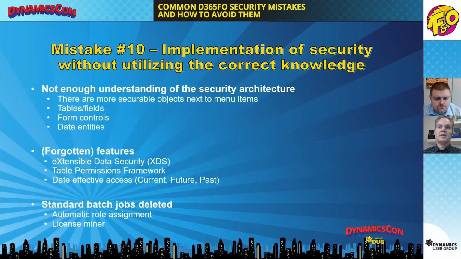Both Alex and I wrote blogs about extensible data security, and we will share our blogs on one of the next slides, so you can read more about this framework there. And also one thing to mention is the table permissions framework.